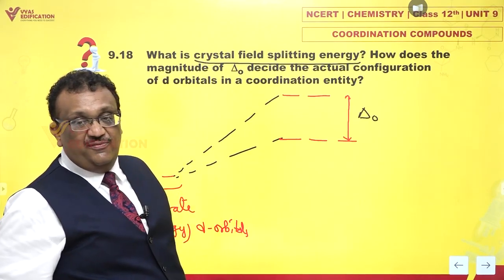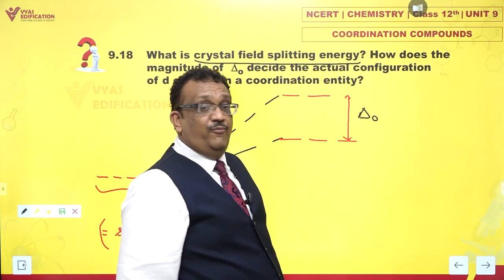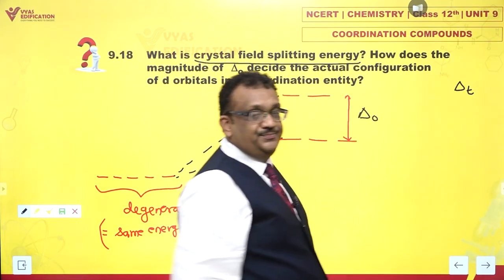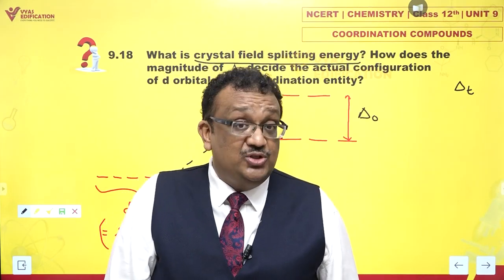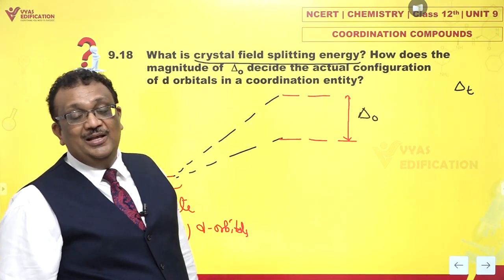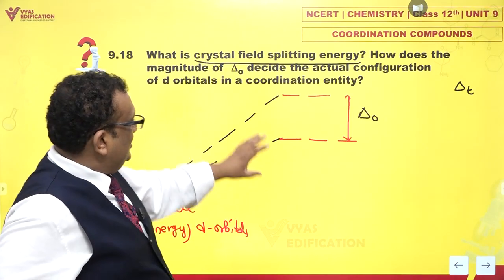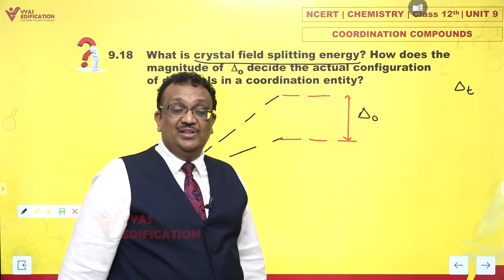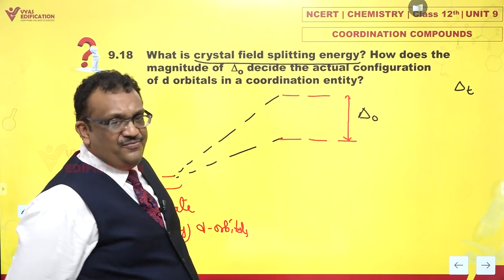For octahedral, it is denoted by delta O. For tetrahedral, you can use delta T, and so on. But capital delta is the symbol used to denote the energy gap between d orbitals after splitting, and that is measured in terms of crystal field splitting energy. That's the first part of the question.